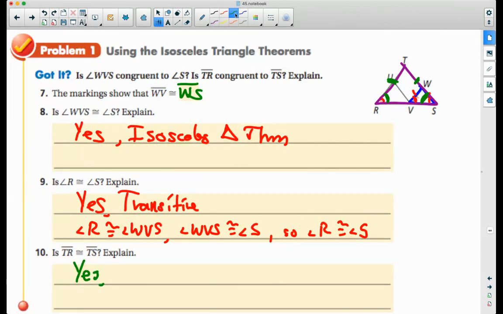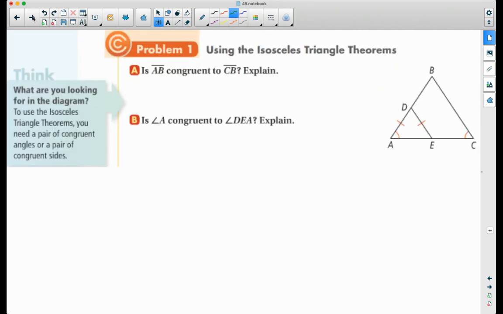Why? By the isosceles triangle converse. The converse is the one that says if the angles are congruent, then the sides are. The theorem says if the sides are, then the angles are. Make sure you understand the difference between them.